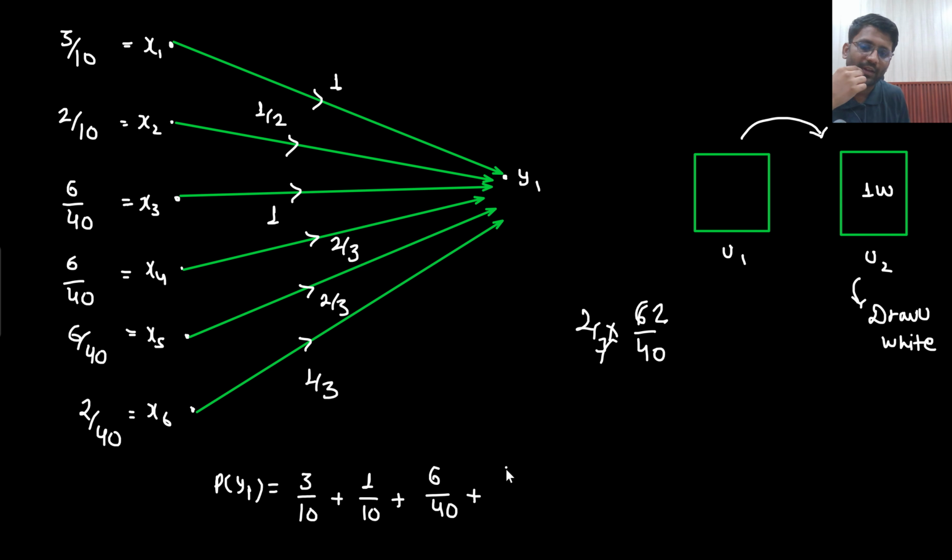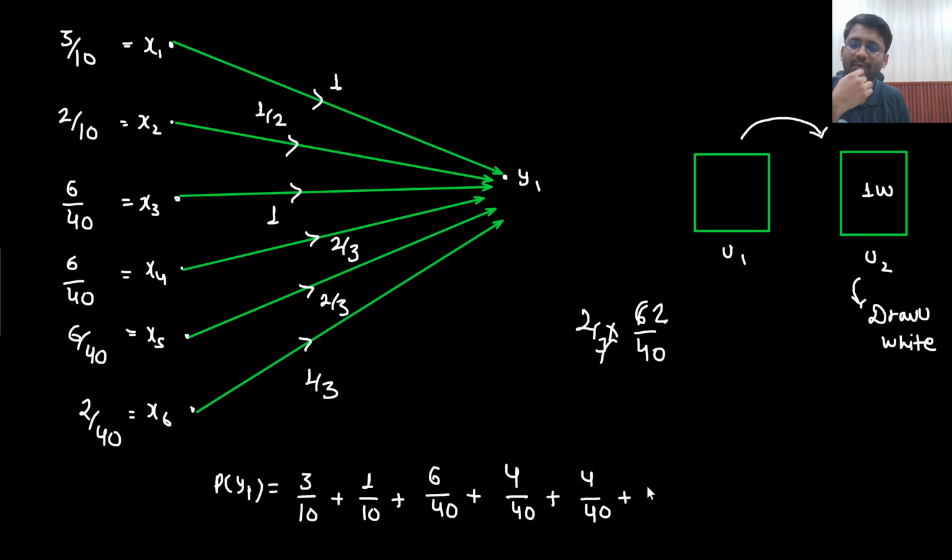That will become 4 by 40. Okay, I don't want to disturb this 40. I did 2 by 3 into 6 by 40, so 4 by 40.